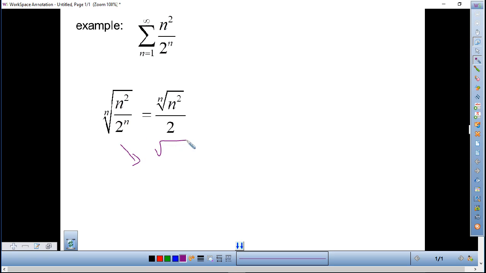This will be the nth root of n squared over the nth root of 2 to the n, and that's why these cancel out to give you the 2 right here. So that's where this one comes from. So the nth root of n squared over the nth root of 2 to the n simplifies down to 2.